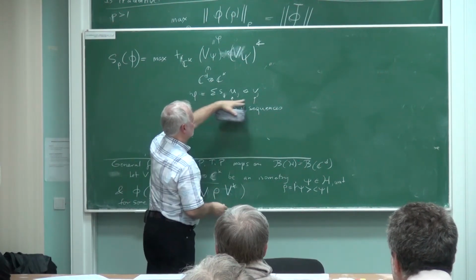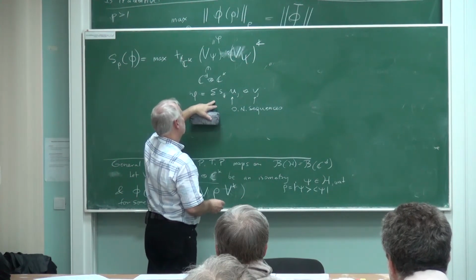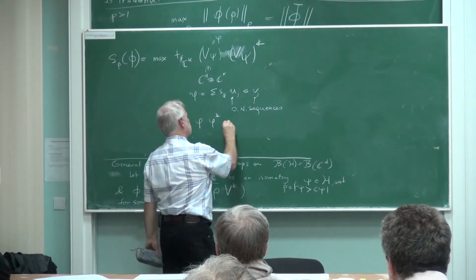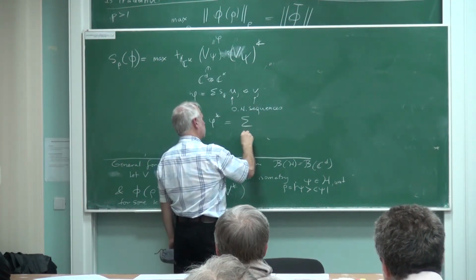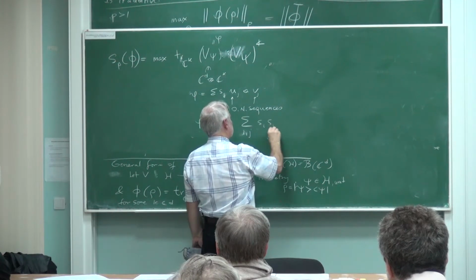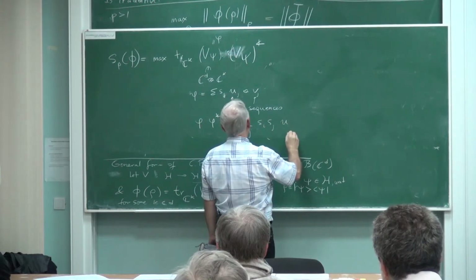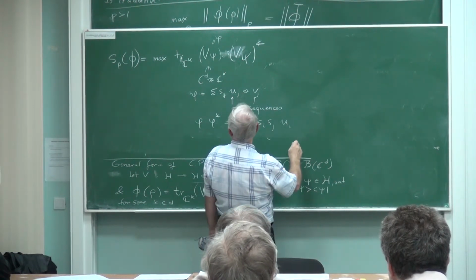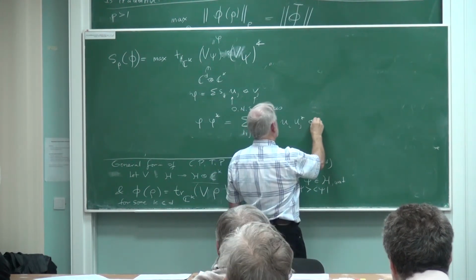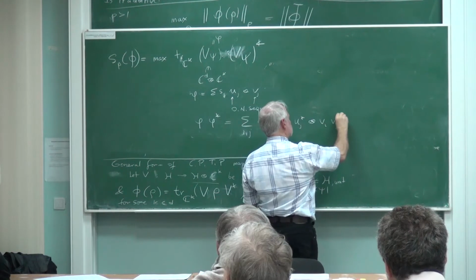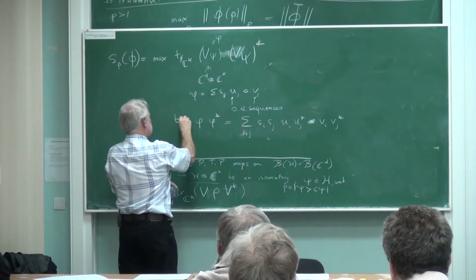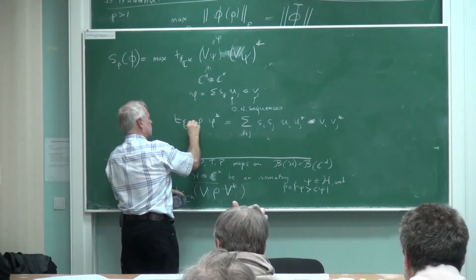This means that if you have this type of an expression, then what happens when you look at phi times phi star? Then this is the sum over i and j of s_i s_j, and then I have u_i u_j star tensor v_i v_j star, and here I have to apply the trace with respect to the second factor.